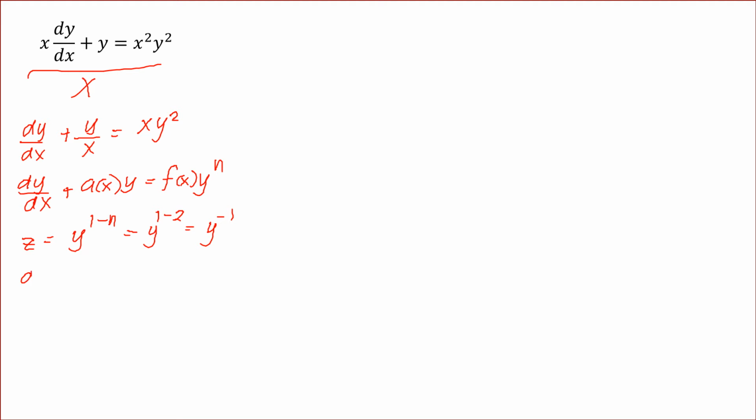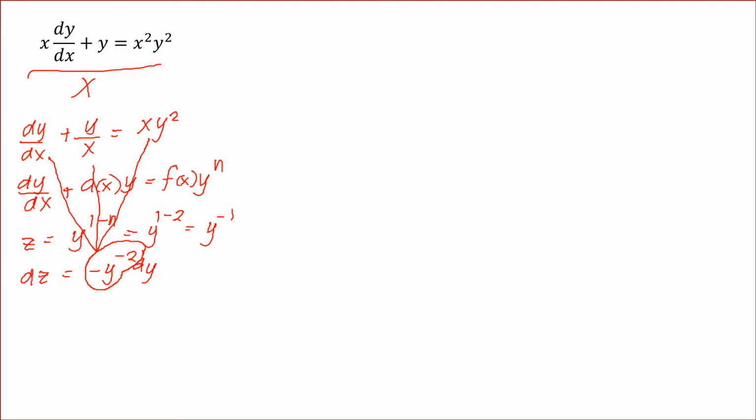When we differentiate this, dz is equal to negative y to the power of negative 2 dy. We take note of this value, and we multiply all of it by negative y to the power of negative 2.